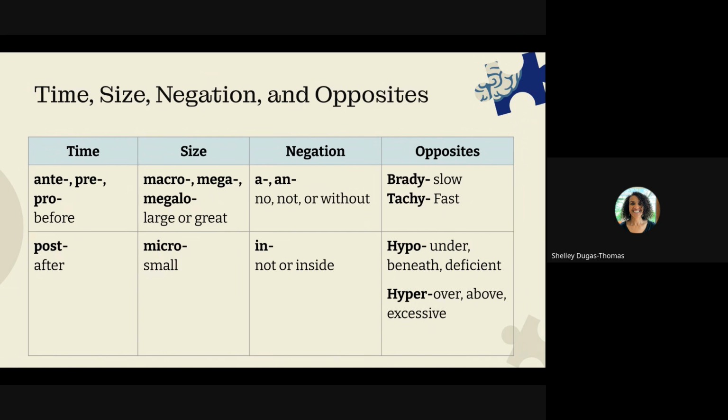If a patient is apneic, they are without breathing. If they are anemic, they have an insufficiency of red blood cells. Size, macrocytic versus microcytic red blood cells, literally large cells versus small cells under a microscope.